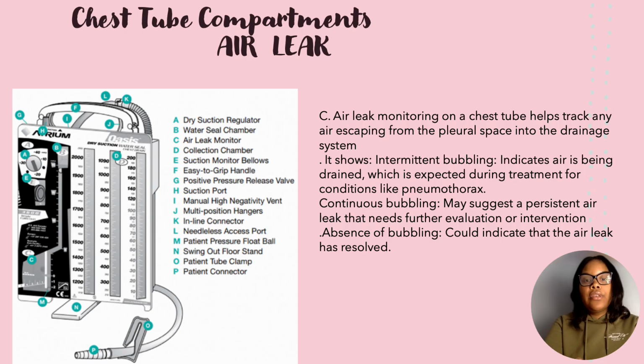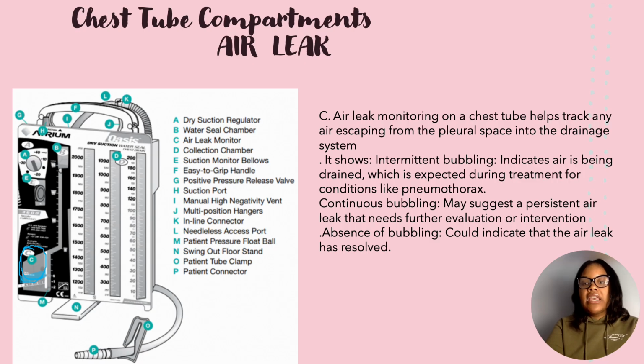All right, so now in your water seal chamber, they have a compartment called the air leak monitor. If you look right here, you see this little line? That is our air leak monitor. What is the purpose of an air leak monitor? It helps track any air escaping from the pleural space into the drainage system.